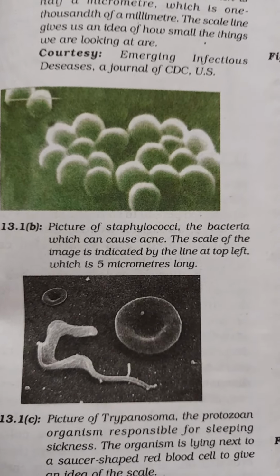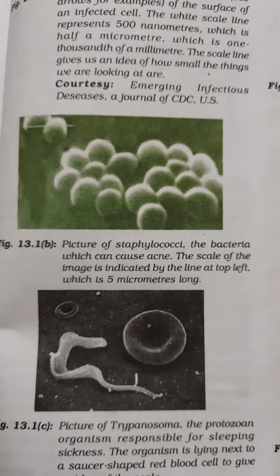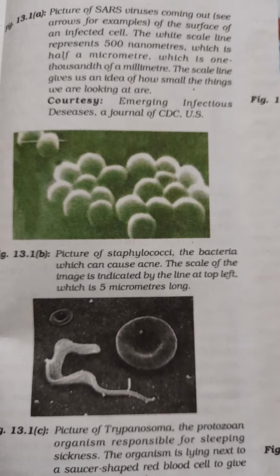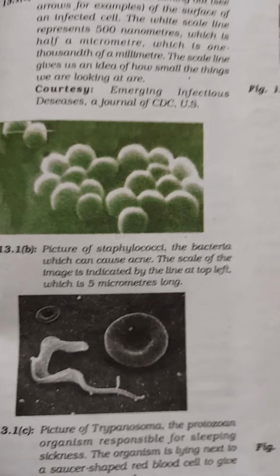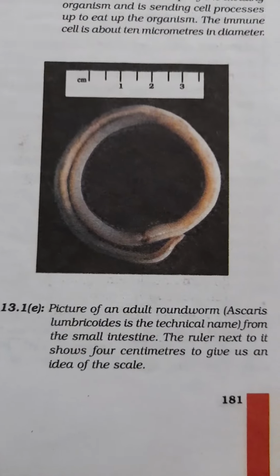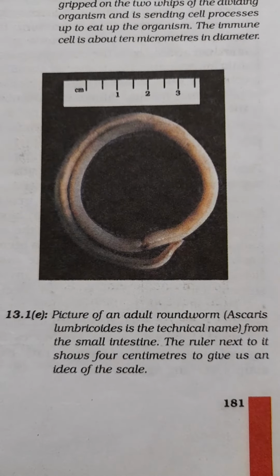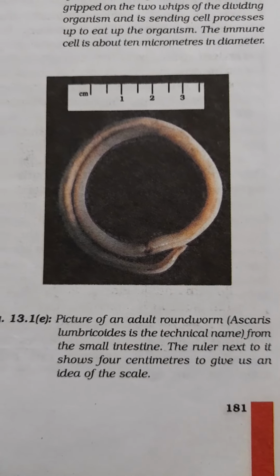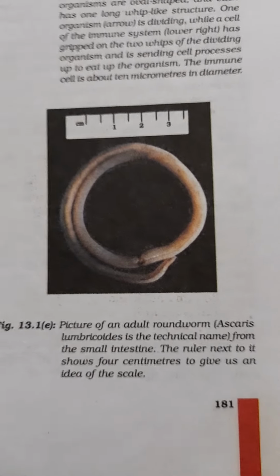It can cause acne. For example, acne, I mean, it is similar to pimples. And this is a roundworm. This is an adult roundworm, Ascaris lumbricoides. It is actually present in the small intestine.